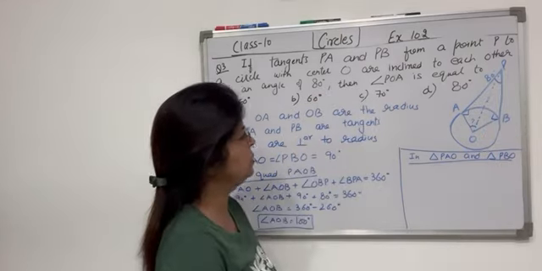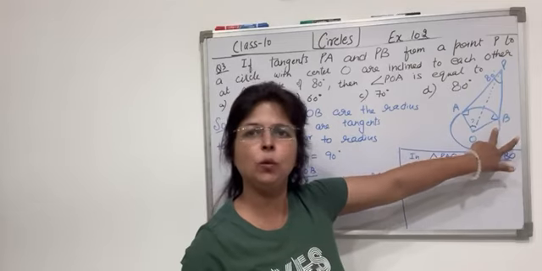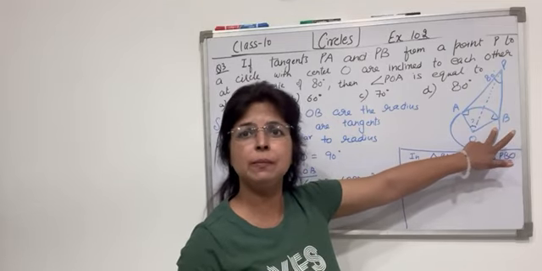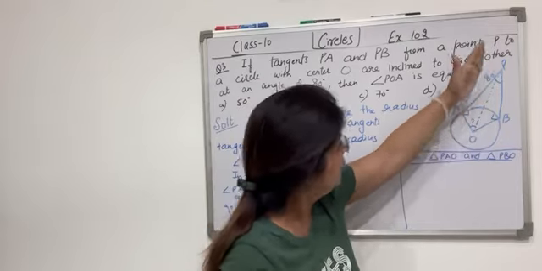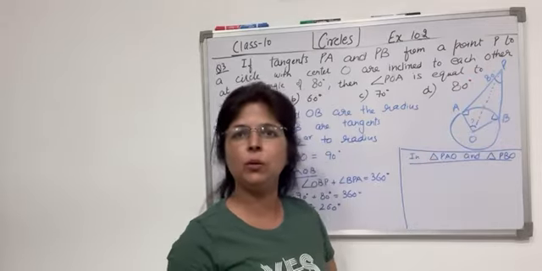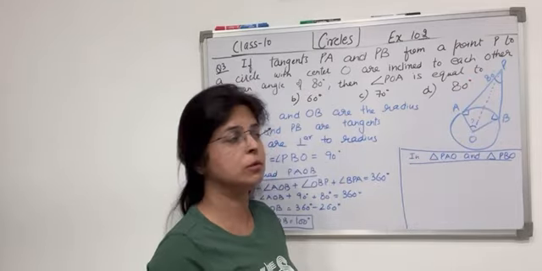Let's see what is known to us. OA and OB are two radii. It means the radius of the circle will remain the same. So OA is equal to OB. PO is common for both the triangles. So that is also the same.